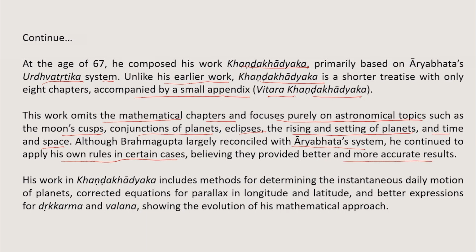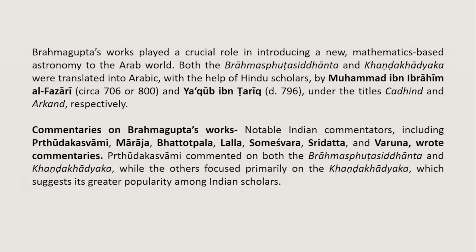His work in Khandakadya includes methods for determining the instantaneous daily motion of planets, corrected equations for parallax in longitude and latitude, and better expressions for Drakarma and Valana, showing the evolution of his mathematical approach.